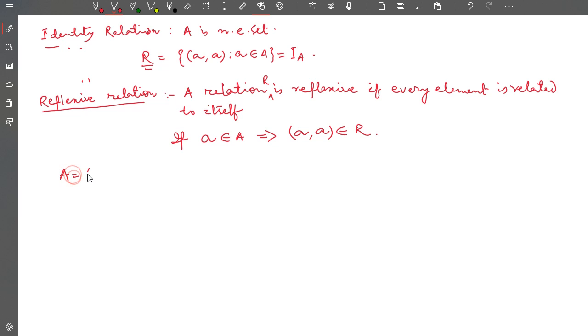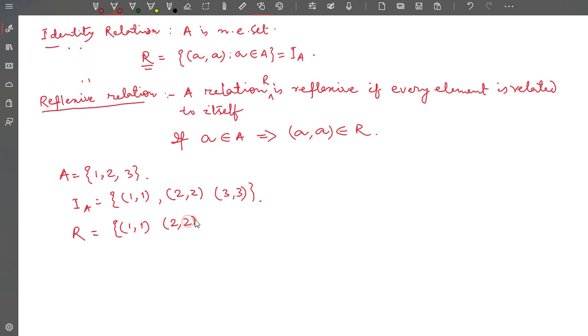Let A equal {1, 2, 3}, then I_A is {(1,1), (2,2), (3,3)}, and this relation {(1,1), (2,2), (3,3), (1,2)}, both of these are reflexive relations.